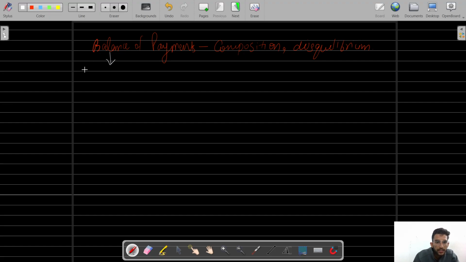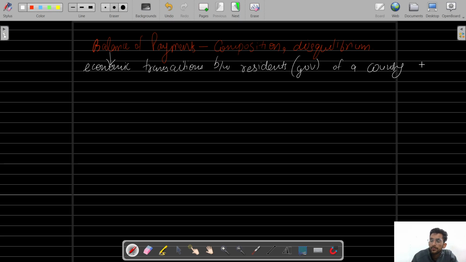It says that it is the economic transactions between residents or government of a country with the rest of the world during a specific period of time. Yeah, during a year, we can say.